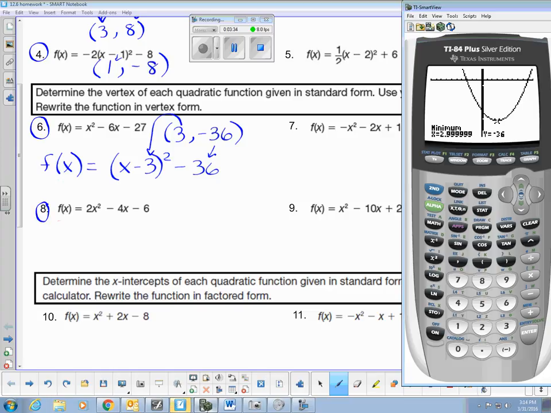Place number 8 into the graphing calculator to find its vertex. So here's the vertex of the function for number 8 is at 1, negative 8.